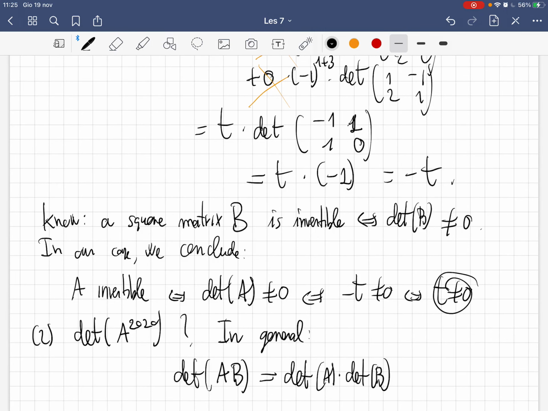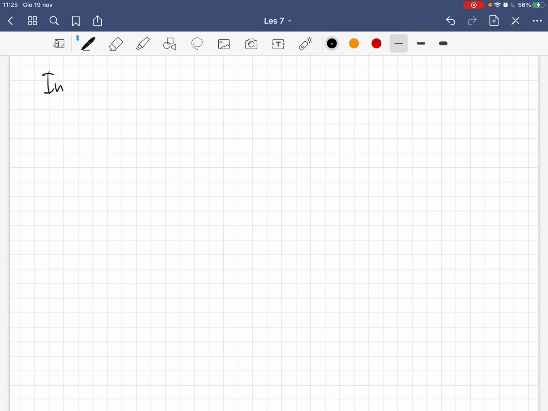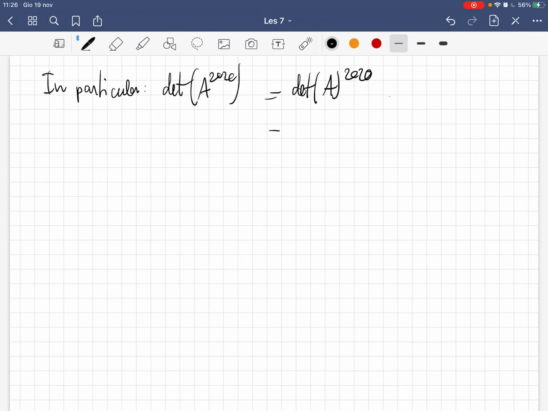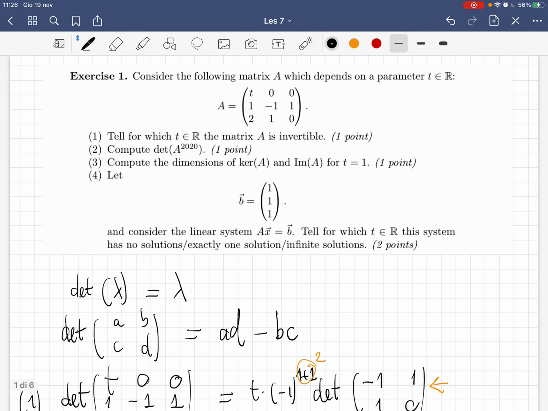So in particular, the determinant of a power is the power of the determinant. It's very nicely behaved. It's easy in this case because here you have minus t to the 2020, and since the exponent is even, you can conclude that this is t to the 2020th power. Nothing strange here.